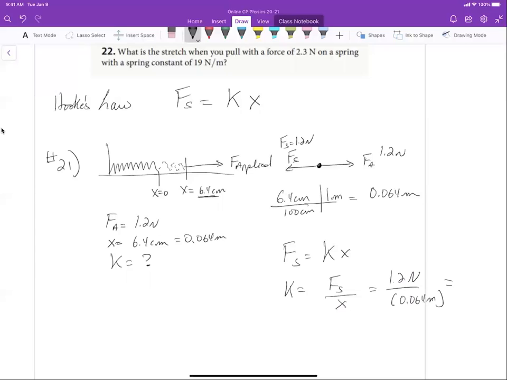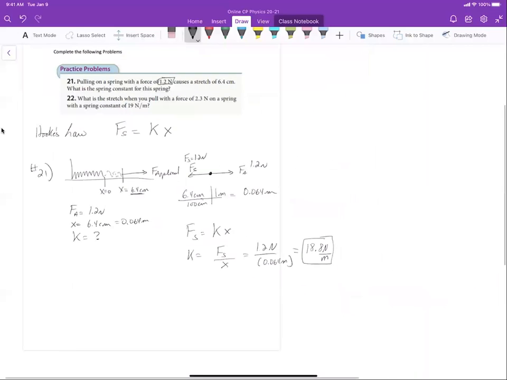I have to convert those to meters before I do this, and I will get 1.2 divided by 0.064, and I get a K constant of about 18.8 newtons per meter. Okay. All right.